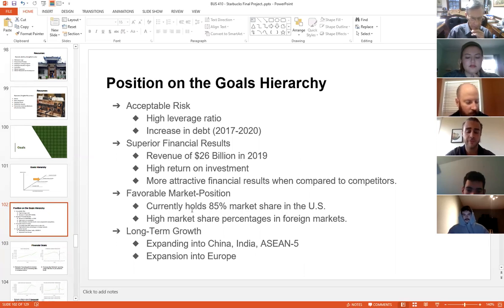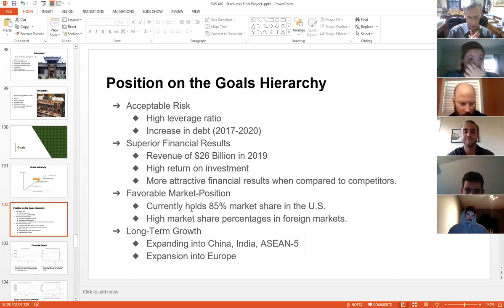For the favorable market position, it currently holds 85% of market share in the US, and Starbucks has high market share percentages in foreign markets. Lastly, long-term growth: expanding into China, India, ASEAN 5, and then finding a way to expand into Europe strategically.